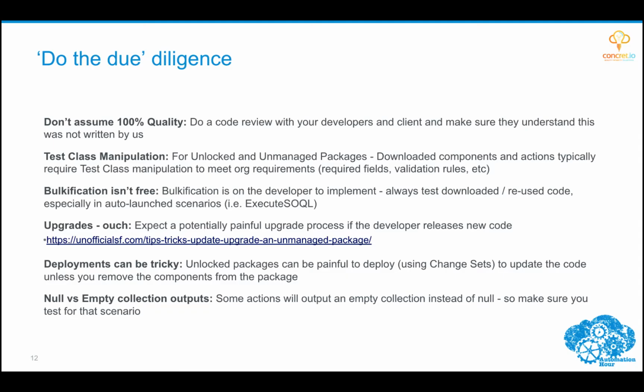And what test classes do is essentially create records in your system. And there's a base set of criteria for those records that it's creating. So if you have validation rules, for example, that are preventing it, let's say a test class doesn't have an email field and your org requires an email field, well, you're going to get issues with that. So be prepared for that.